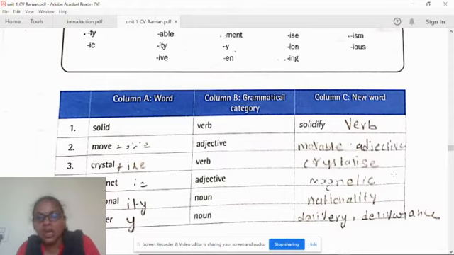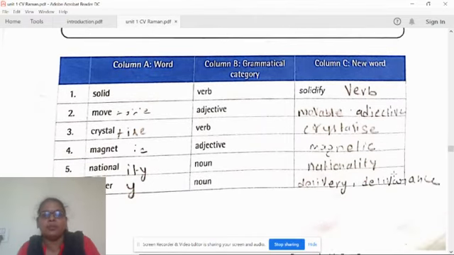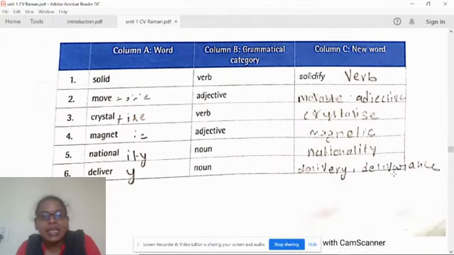Move is a verb, and we change it into an adjective by writing movable, adding able. Now crystal. By adding ise, we are changing it into the verb crystallize. Next, magnet. By adding ic, we are changing it into the adjective magnetic. And national. You have to change it into a noun, meaning you have to add ity, nationality.